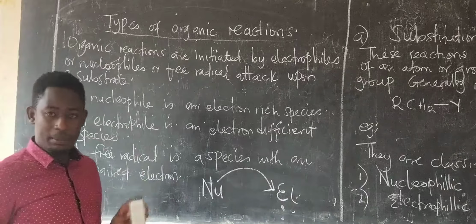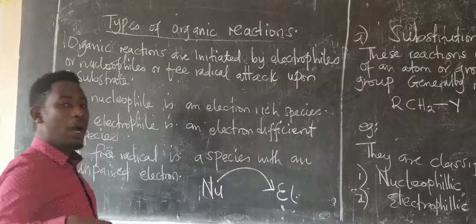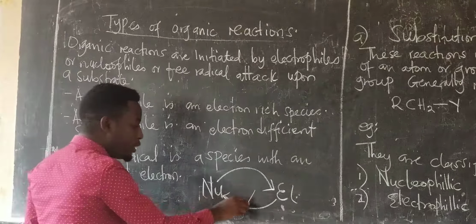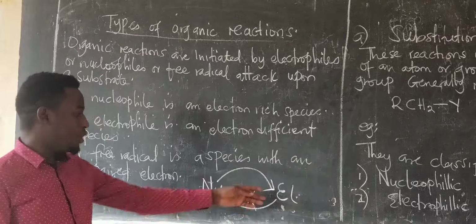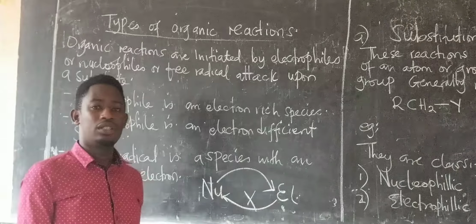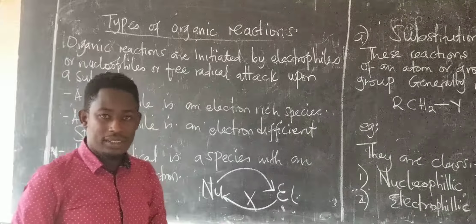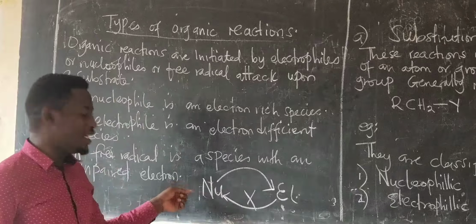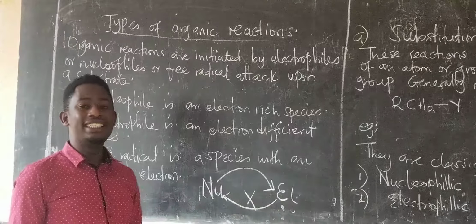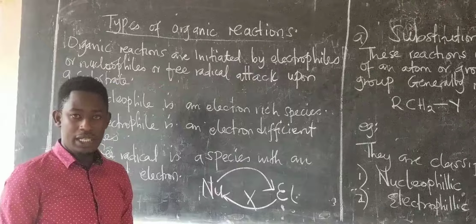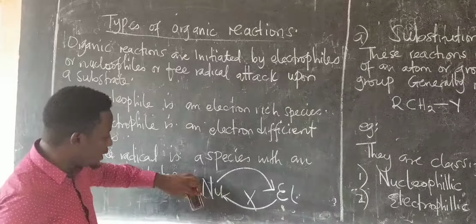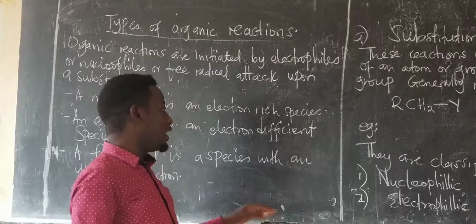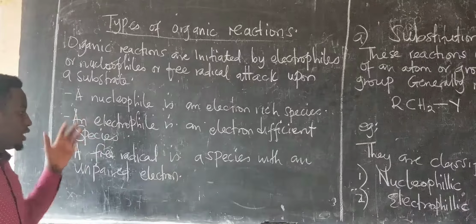The moment you write the mechanism and you realize that your arrow is coming from the electrophile attacking the nucleophile, you always know that this is wrong, because the electrophile does not have the electrons to spark off the reaction. In O level, we used to say a nucleophile is a donor, the electrophile is the acceptor in that level. Are we together? But in this level, we are saying a nucleophile is an electron-rich species, an electrophile is an electron-deficient species.